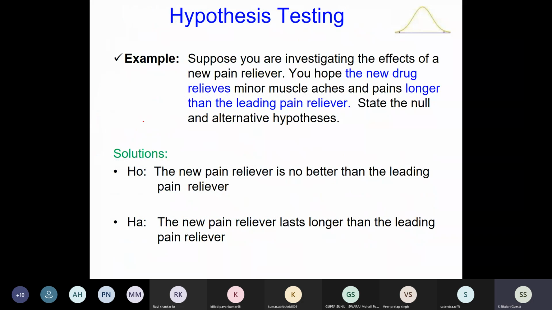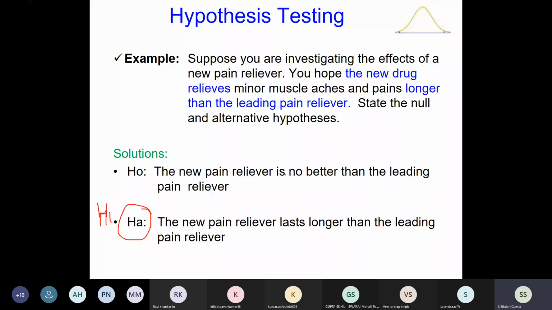Just like the other day, we also gave an example of a pain reliever, whether it is better than another new pain reliever. Maybe one drug company, or a medicine company, has formulated another new pain reliever. It is just how much of your pain is relieved.